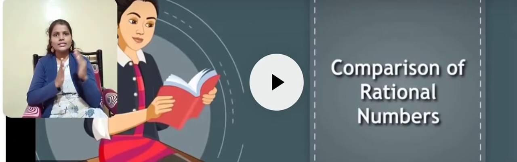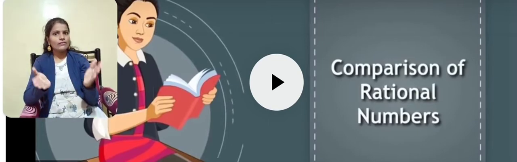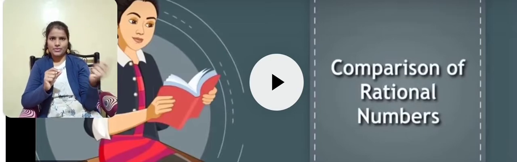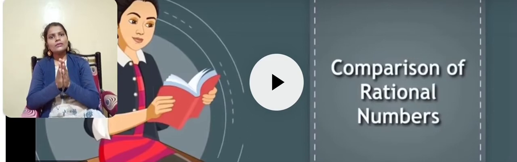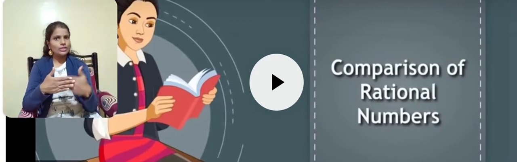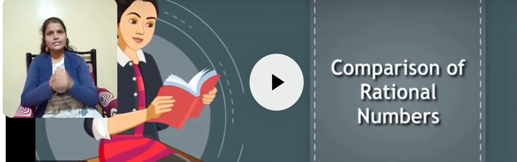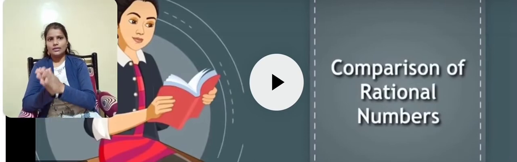Here 3 is the denominator, so the unit is divided into 3 equal parts from 0 to 3. Different denominators, like 1 upon 2, 1 upon 3, 1 upon 4, make a difference in the number.